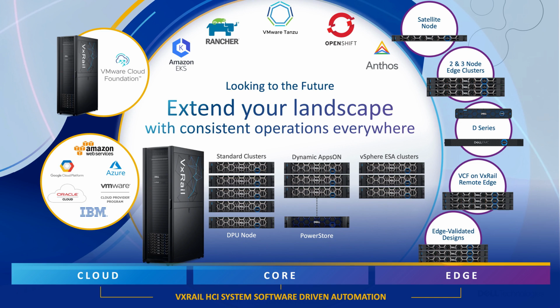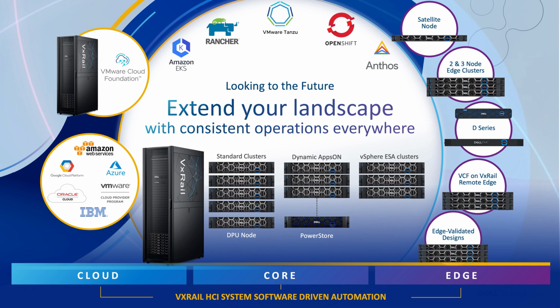If you take that bezel off, it's that XR4000 that I showed you earlier. So this is a very small VxRail implementation at the edge. You can even do satellite nodes as one node. You can have it in your data center as a core solution, as a traditional scale out HCI platform.